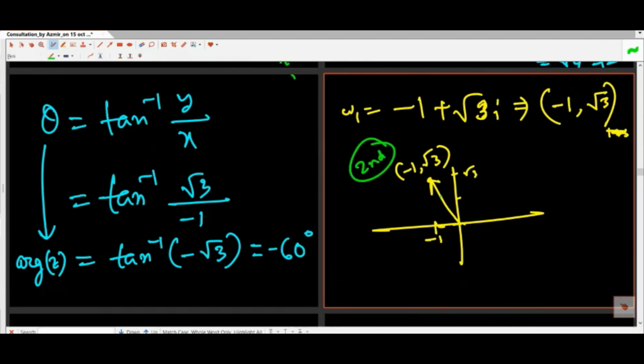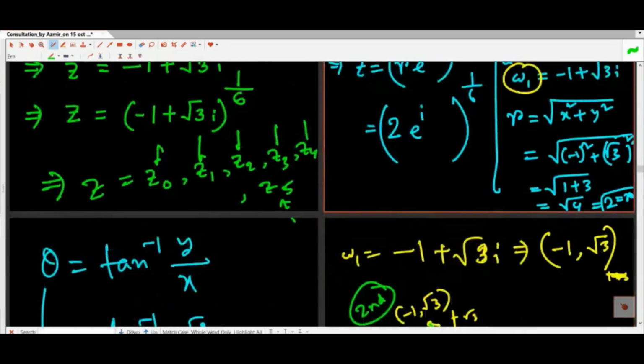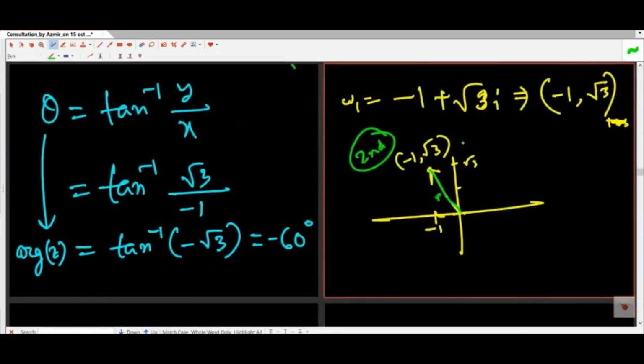So we can easily find the modulus R that we have already found. R is 2. What is the angle or argument? Argument is always measured from the positive x-axis.